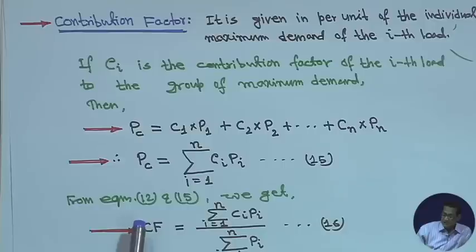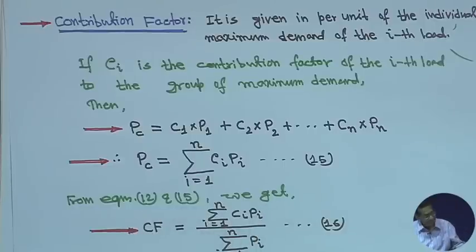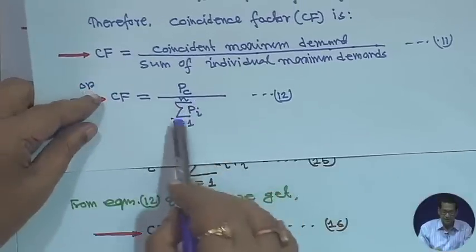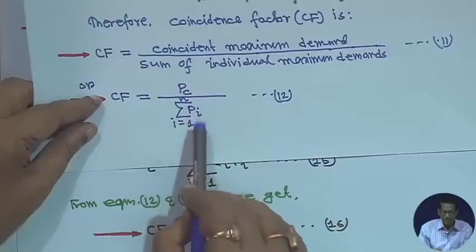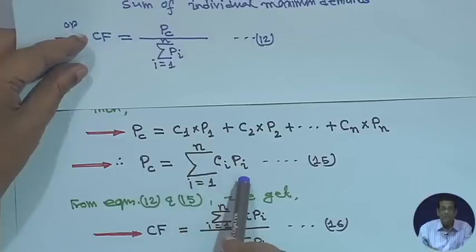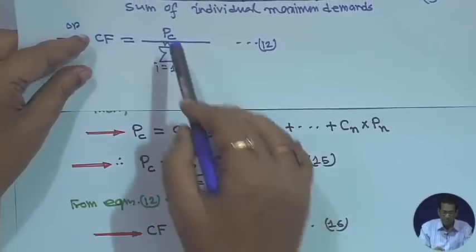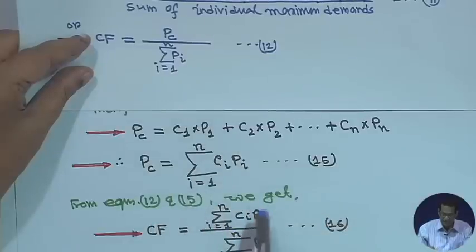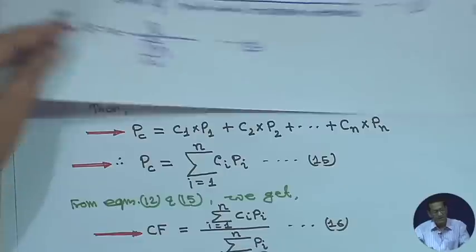From equations 12 and 15, equation 12 is Pc upon sigma i equals 1 to n Pi. Substituting Pc here, Cf is equal to sigma i equals 1 to n Ci Pi divided by sigma i equals 1 to n Pi, right.